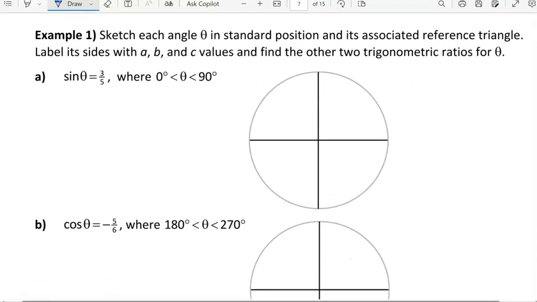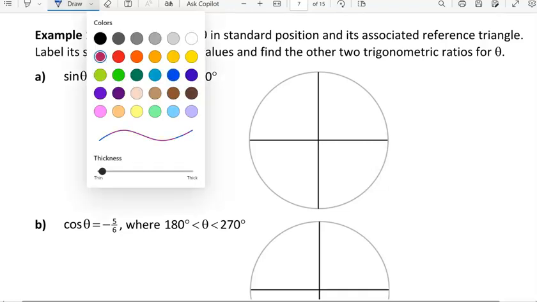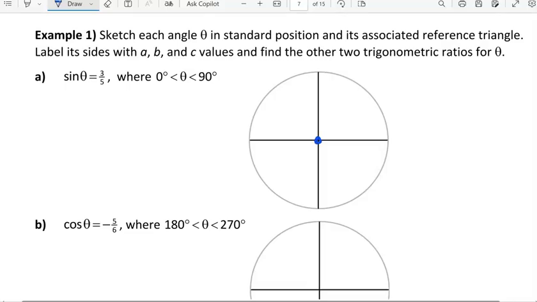In example 1, we're sketching angles in standard position along with its associated reference triangle, labeling our sides with A, B, and C values, and then finding the other two trigonometric ratios for theta. Okay, so in any standard position angle, the initial side is always on the x-axis, and since this angle has a theta value between 0 and 90 degrees, it must terminate in quadrant 1.